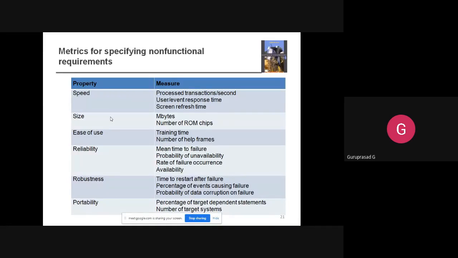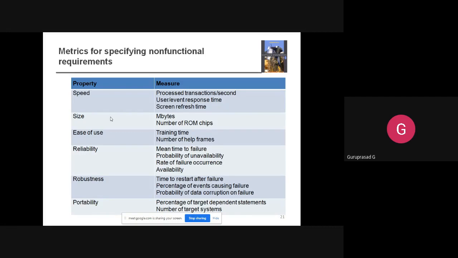So one metric is speed: how many transactions can be processed per second, what is the screen refresh time, etc. What about size, the next metric? The measure is megabytes, the number of ROM chips, etc. What is the property? Ease of use: training time and number of help frames.